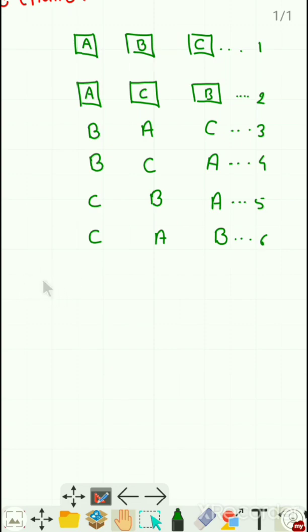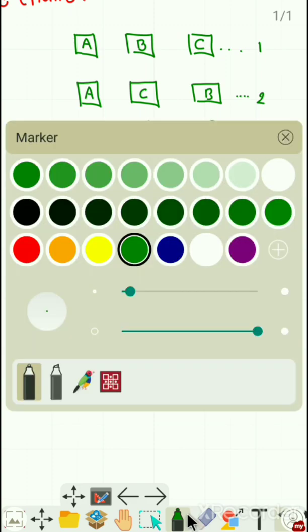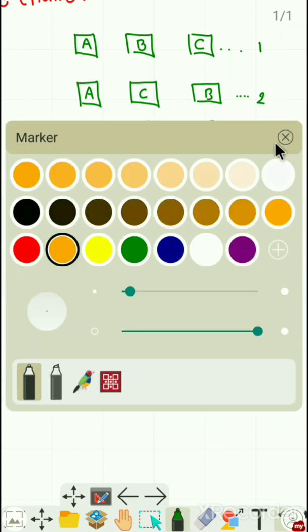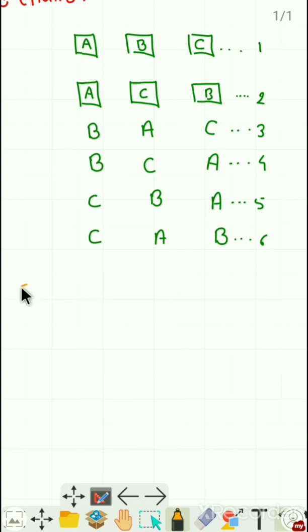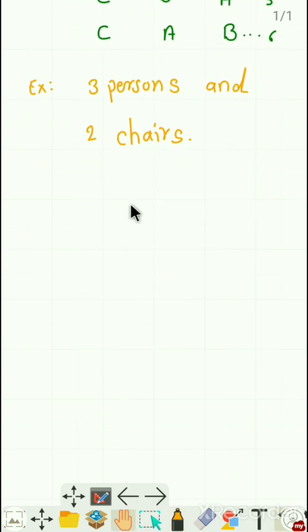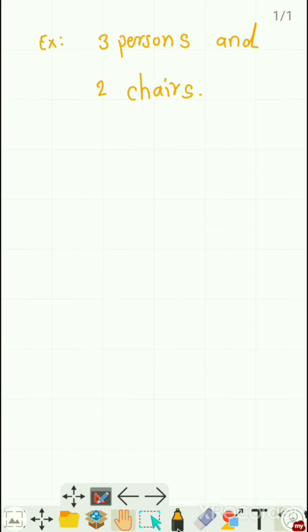And suppose we have a smaller number of chairs. In this case, what will happen? Suppose we have 3 persons and 2 chairs only. Then how many ways are there to arrange these?